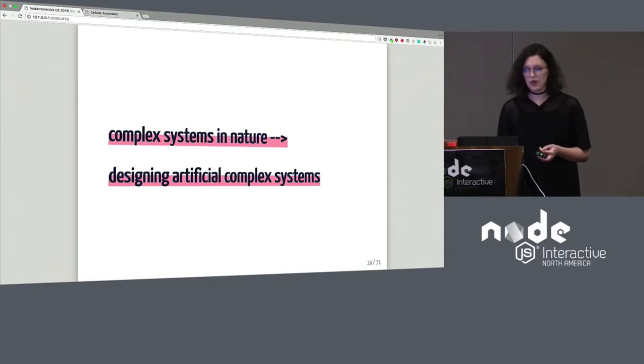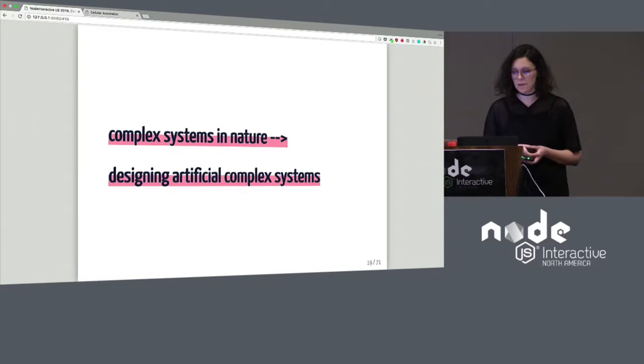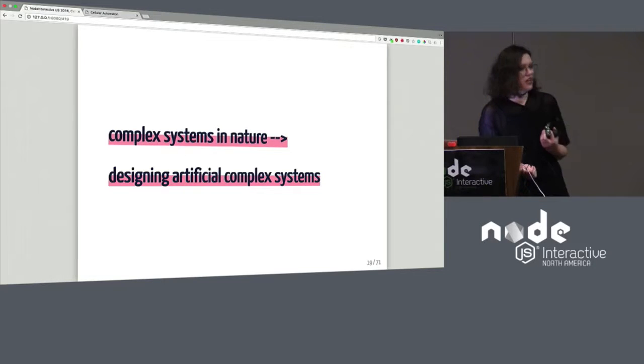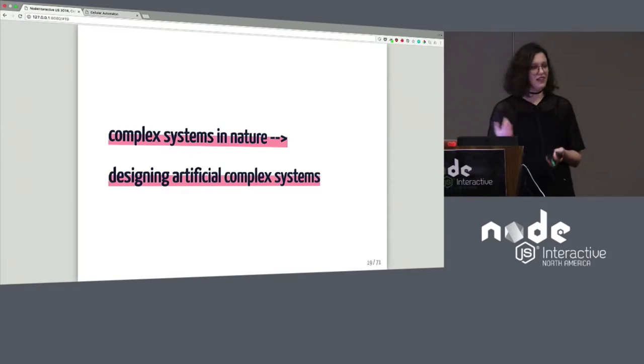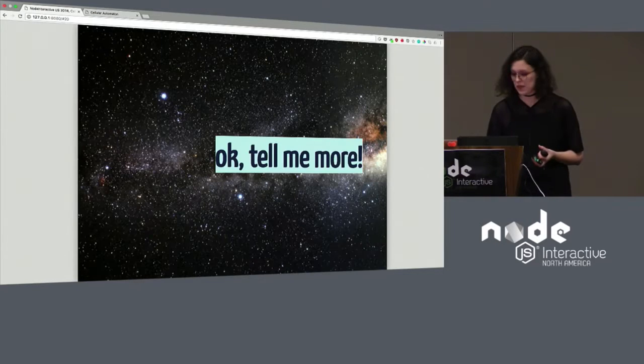So it goes to this more or less of a statement: if we understand a complex system in nature, we're able to design an artificial complex system. Which is why this was so interesting for me, because you're able to look into these very simple concepts and get better at either A, programming, or actually designing something that's very simple but yet complex. Cool.